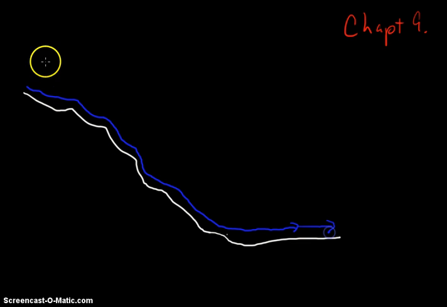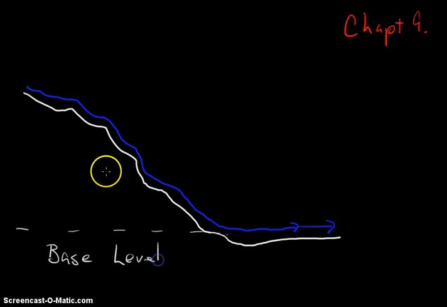Where one river or stream flows into the other, the elevation where those two streams connect is called the base level.